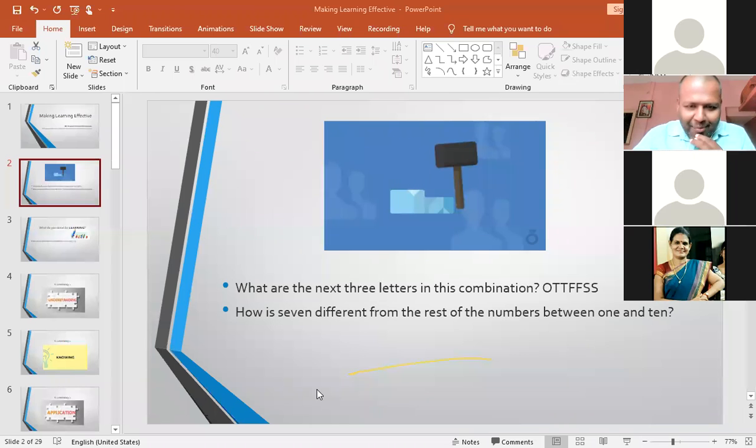Again, Sumati ma'am, for the right answer. 7 is a number which has 2 syllables. Right. Great, Dipali ma'am also. So, we are done with both the icebreakers, and I would like to congratulate you all for the right answers. Great. So now let us begin today's topic.